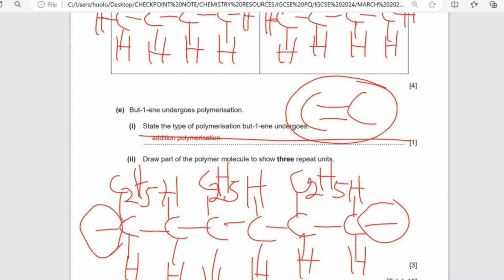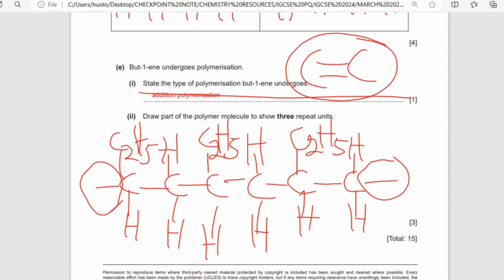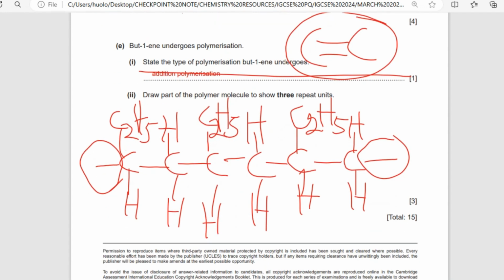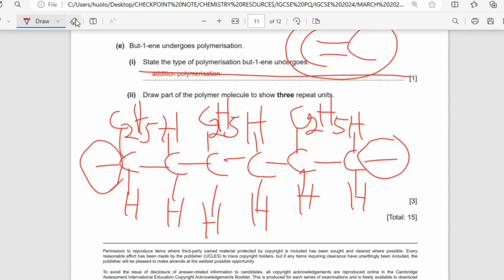Is that okay? So if you are asked to draw 5 repeat units, you know that on your carbon straight chain, you are going to have 10 different carbon atoms connected to each other with a continuation bond. That way, you will be able to remember how to draw the repeat unit for every addition polymerization.